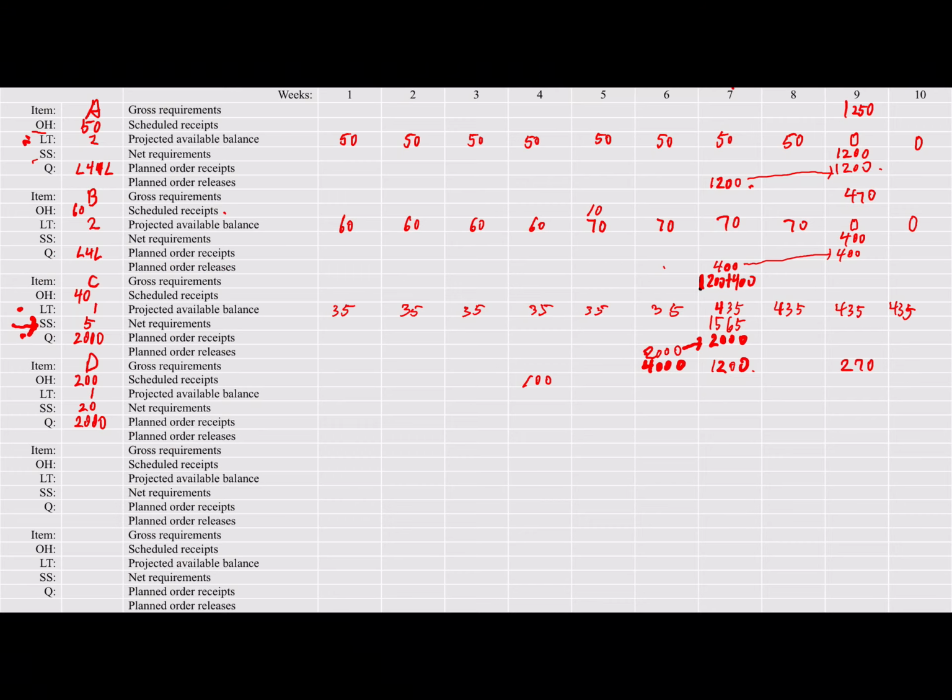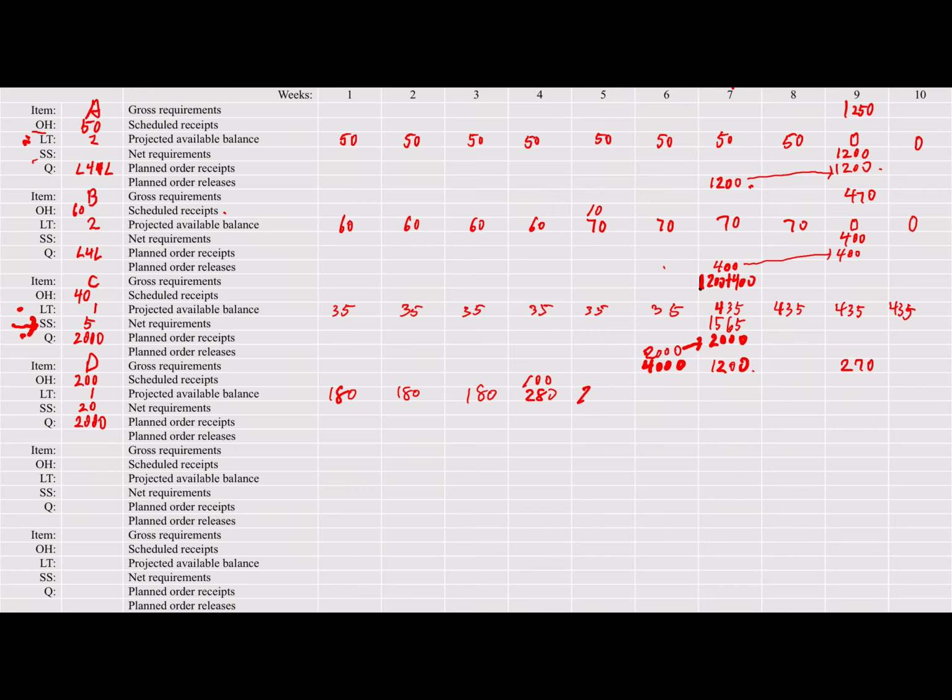All right, now let's look at this D, and same thing. Let's start from week 1. On hand is 200. Safety stock is 20, which means there's only 180 available. Balance 180, no requirements until week 4. Because we have scheduled receipts, we add another 100, so we get 280 by the end of this week.